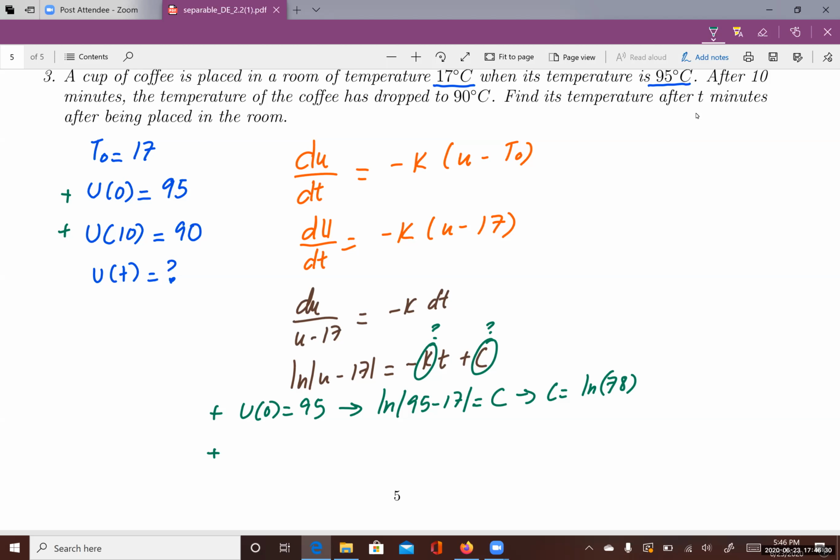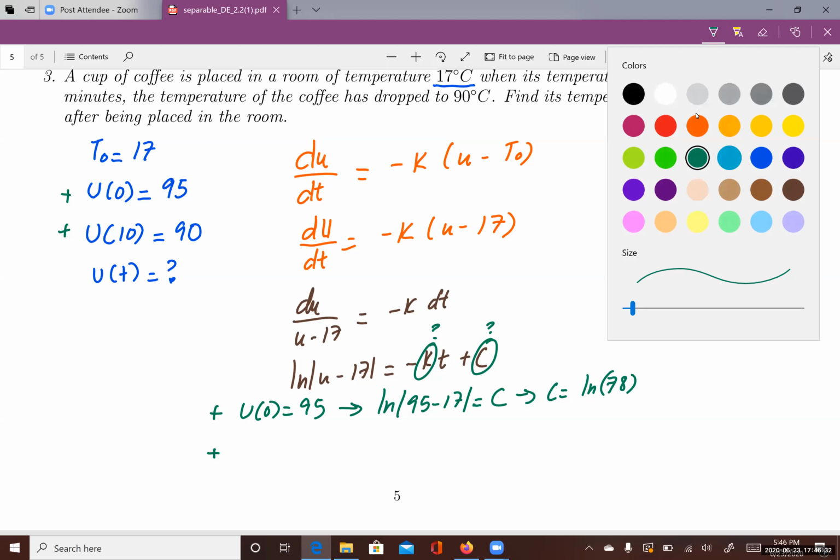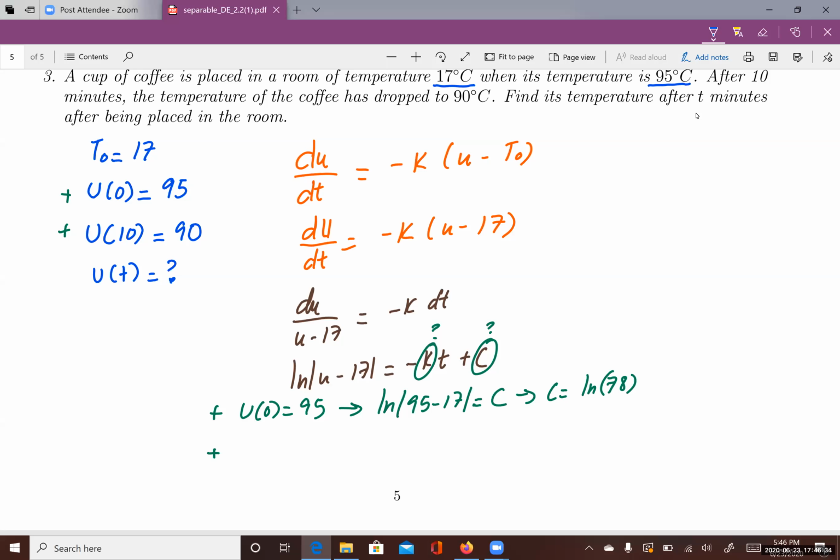So if I plug the second point into my equation, using u of 10 equals 90, then natural log of 90 minus 17 equals negative k times 10 plus c, which is natural log of 78.